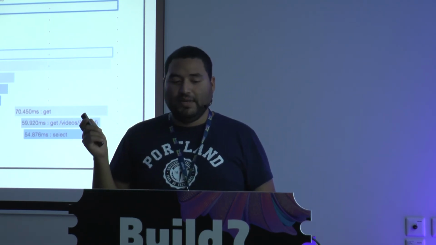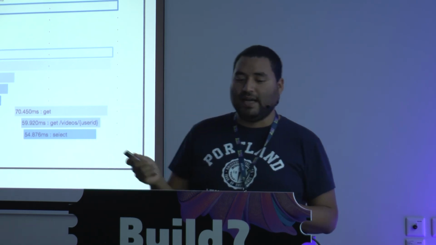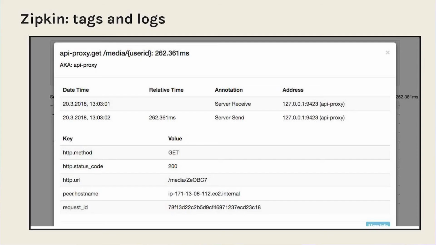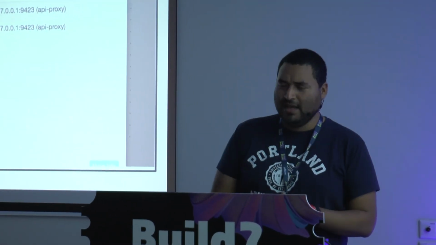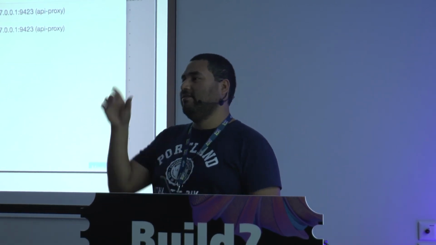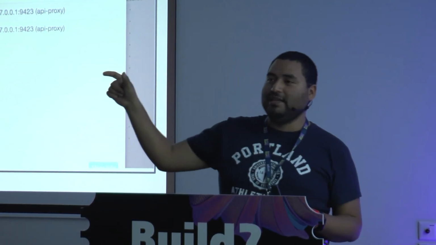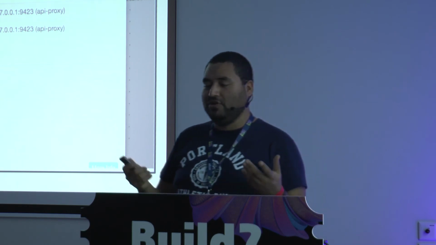You can enrich this data with tags and logs. As you can see, you can say what was the host name, what was the request ID, because, for example, at Typhon, if we see evidence of error here, we jump into the logs with the request ID, or the other way around, we have everything connected. I know some companies that have a direct link from the trace into the log, so it's up to you.